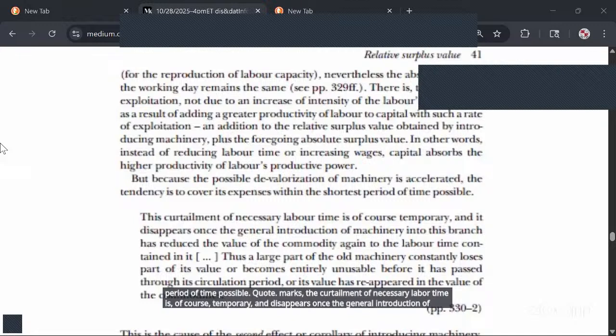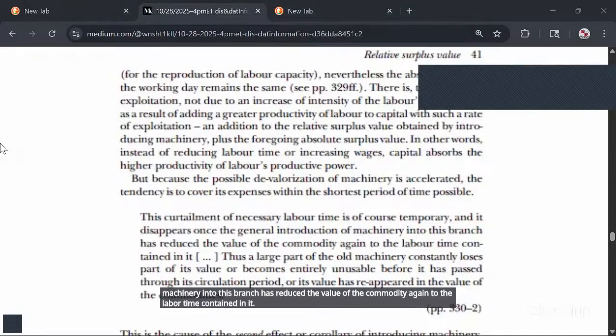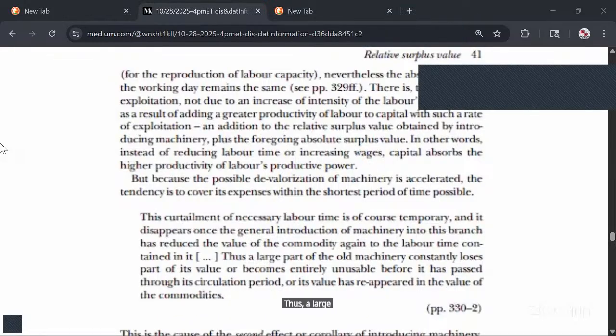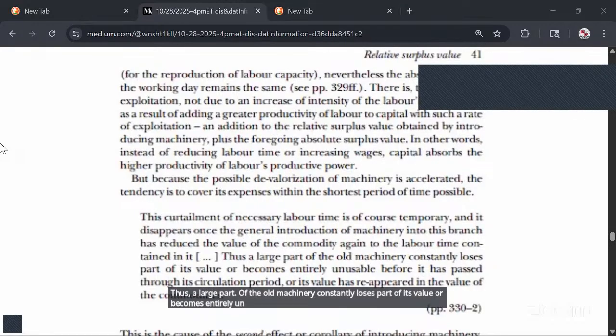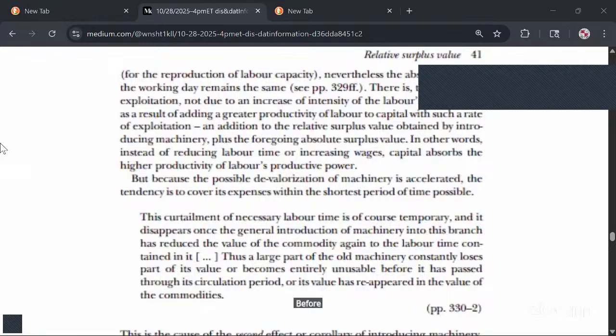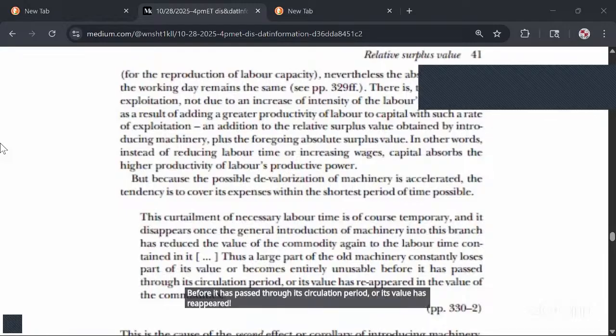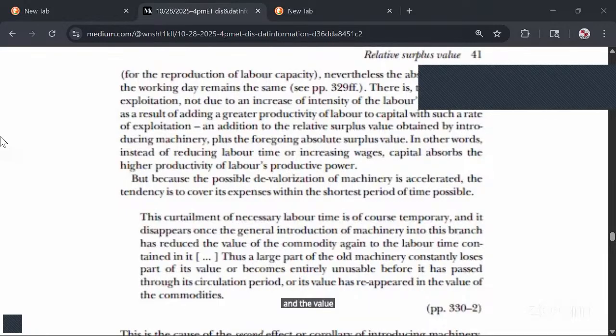introduction of machinery into this branch has reduced the value of the commodity again to the labor time contained in it. Thus, a large part of the old machinery constantly loses part of its value or becomes entirely unusable before it has passed through its circulation period or its value has reappeared in the value of the commodities.